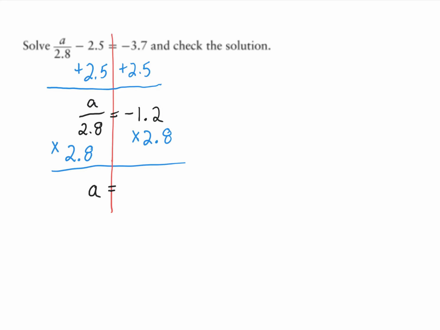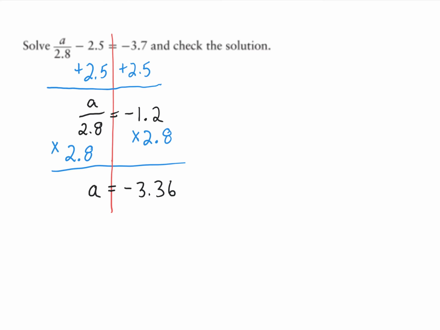And we get negative 3.36. All right, easy enough. Oh, wait, the question said check the solution. So what should happen is, if we've done it right, if I put negative 3.36 back into this equation for a here, divide it by 2.8, and subtract 2.5 from it, I should get negative 3.7.